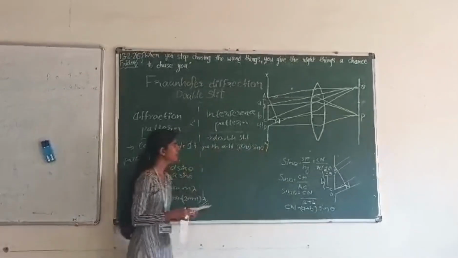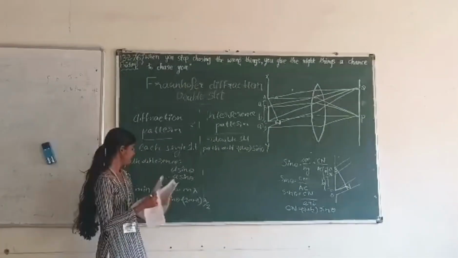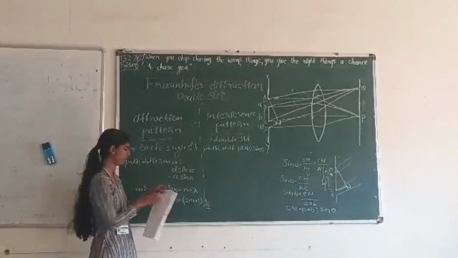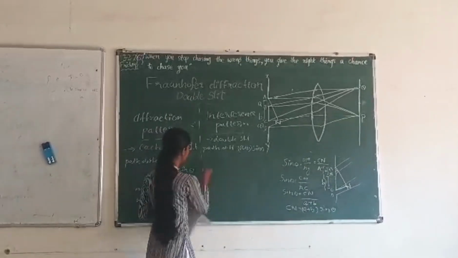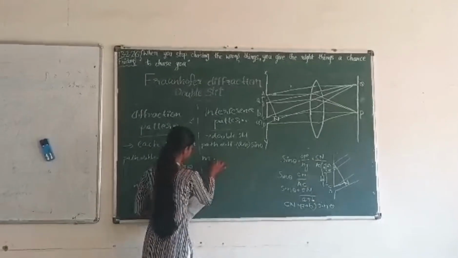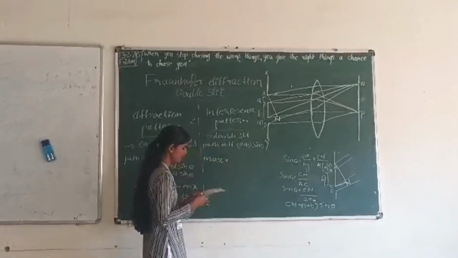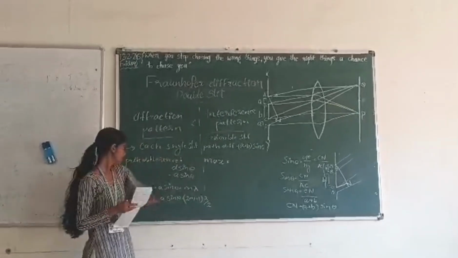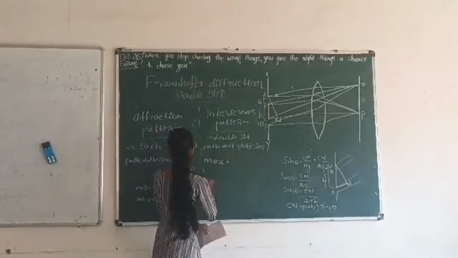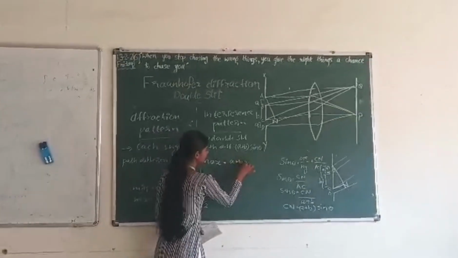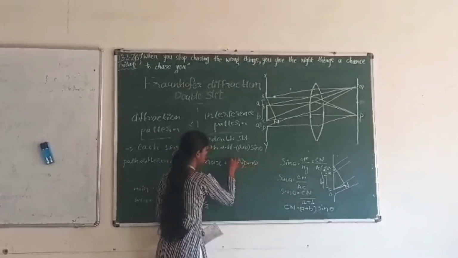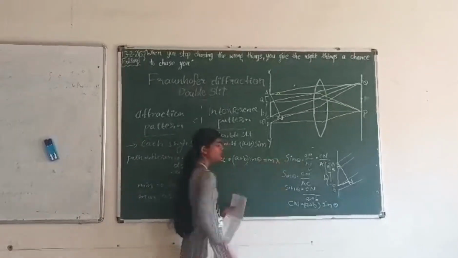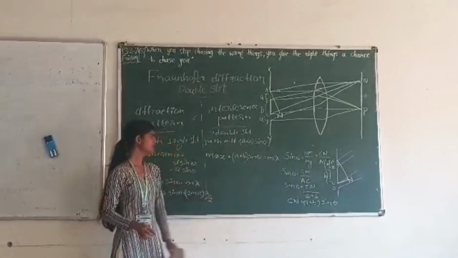Next is to find the condition for maxima and minima. The condition for maximum is that the path difference must be an integral multiple of the wavelength. The path difference is a plus b sin theta, equal to an integral multiple of wavelength. Next is minima.